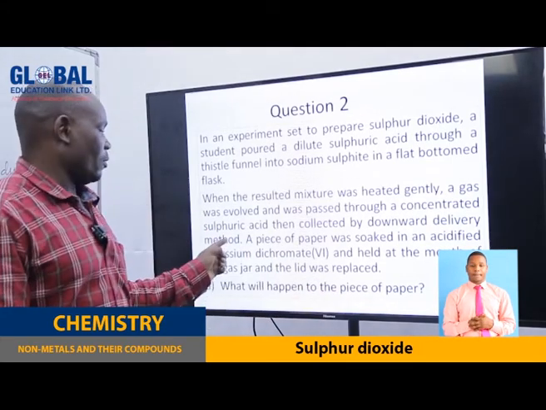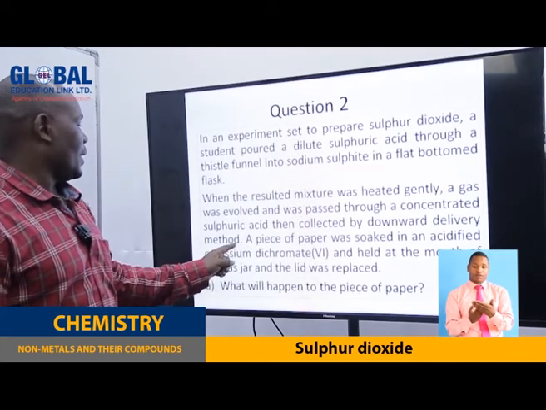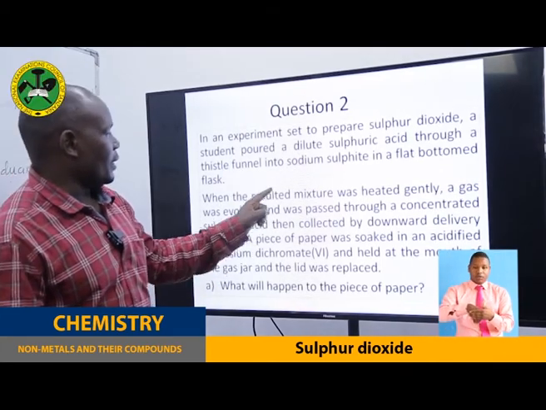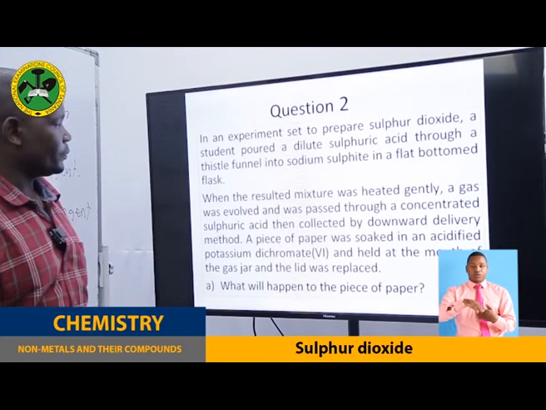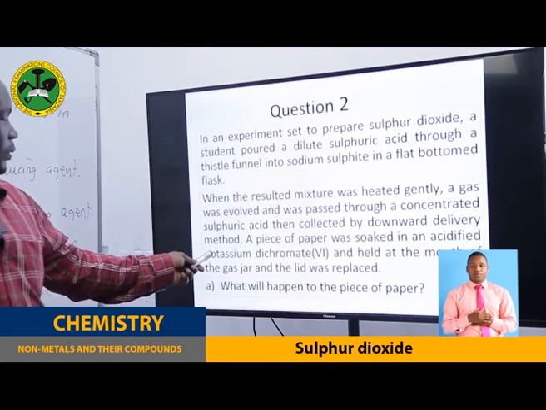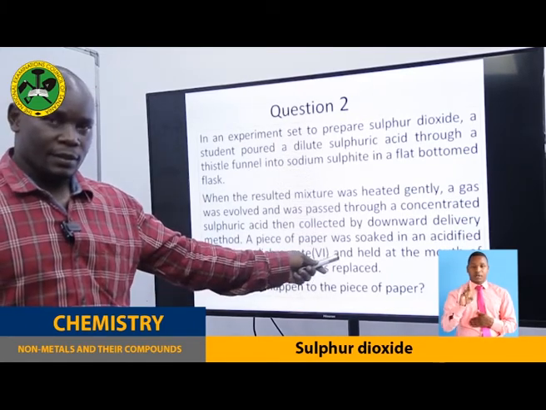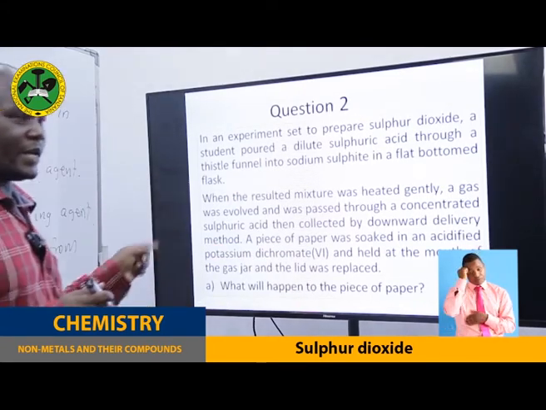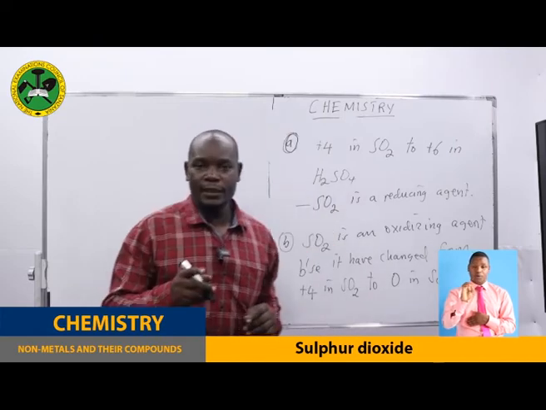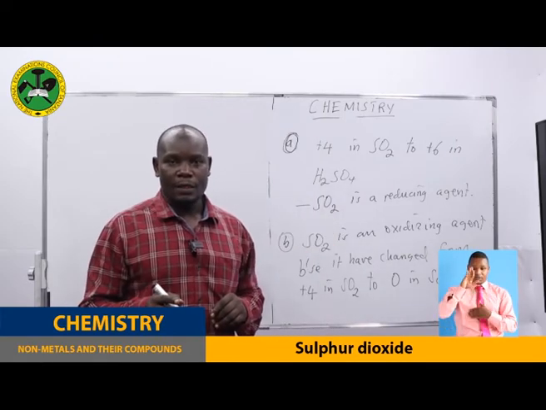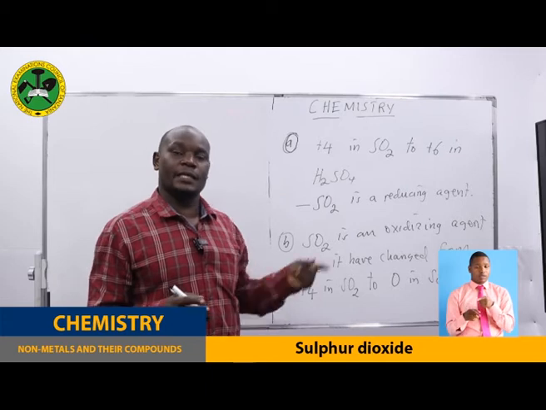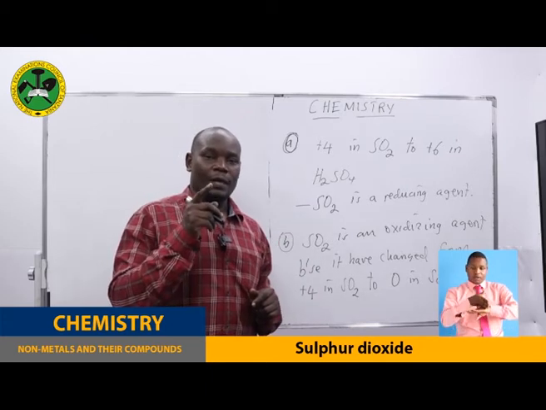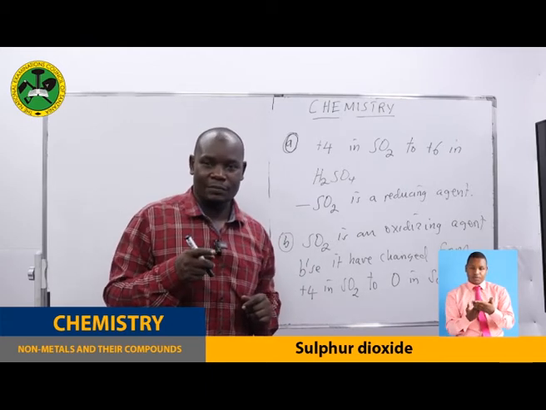A piece of paper was soaked in a solution of potassium dichromate. I'm sure you remember that potassium dichromate is orange in color, but the sulfur dioxide is passed through a piece of paper having potassium dichromate.